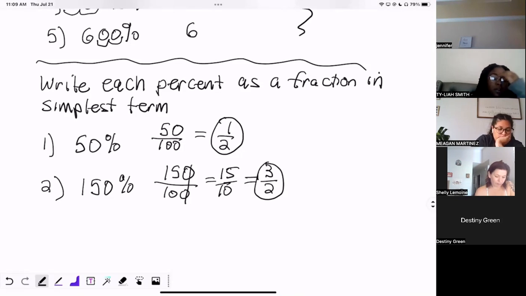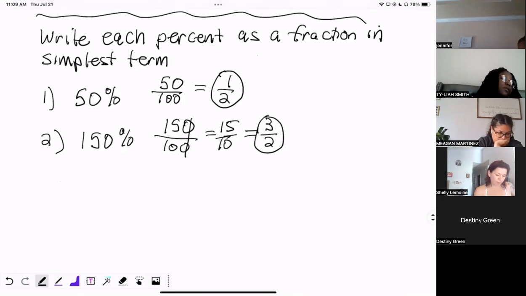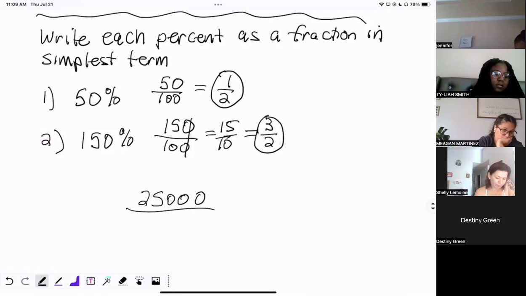You were going a little fast for me on number 2. Why did you cross out the zeros? Okay, so here's a shortcut in math. Ready? I can cross out, and I'll tell you why we do it.